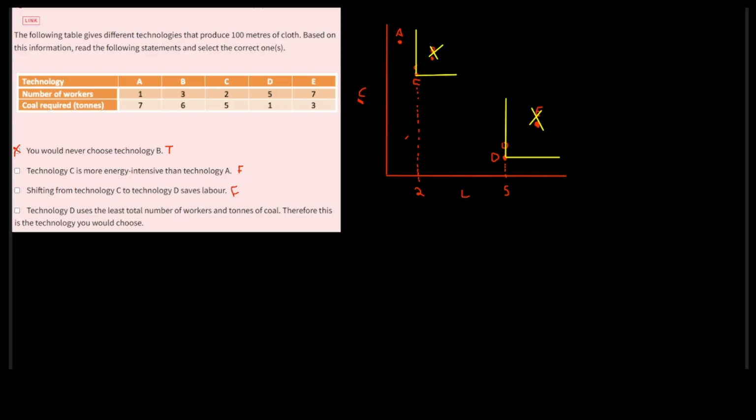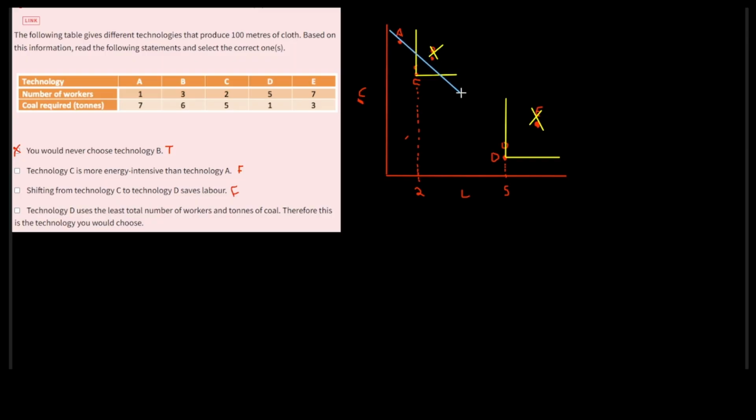What if we had a case where we had near horizontal isocosts? Well, in this case, near horizontal, they'd go all the way through. And in this case here, we see that technology D is closest to the origin, and thus we would choose technology D. Of course, finally, we do have that in-between case, which is realistically more where we're at.